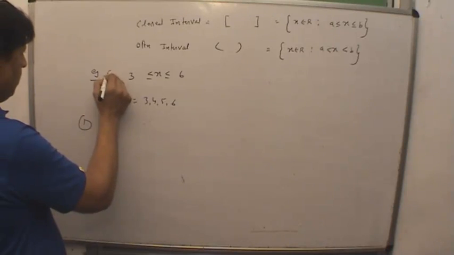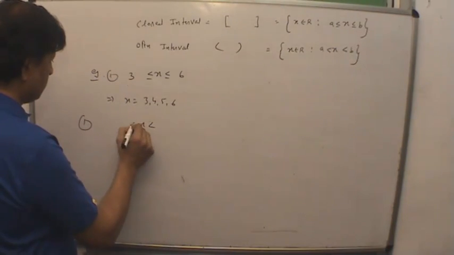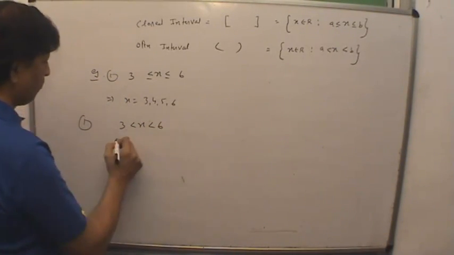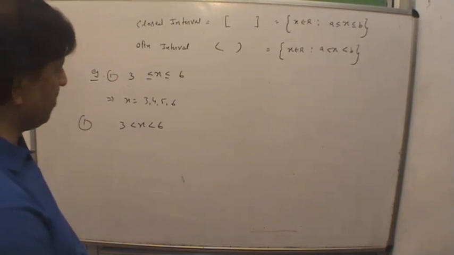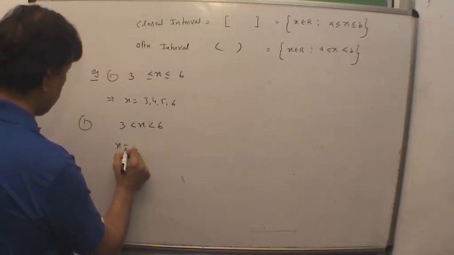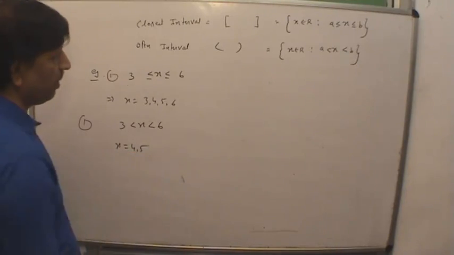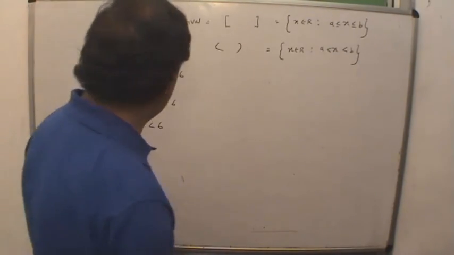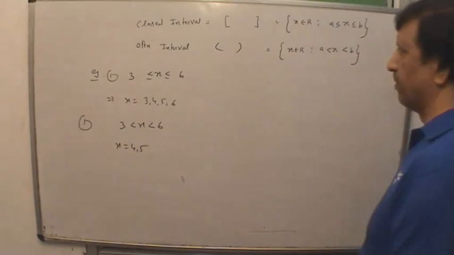Second, if we consider x is strictly between 3 and 6, then we cannot consider 3 and 6. We say x has only two values, 4 and 5. That is the difference between the open and the closed interval.